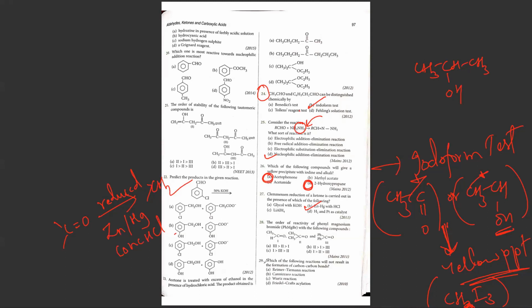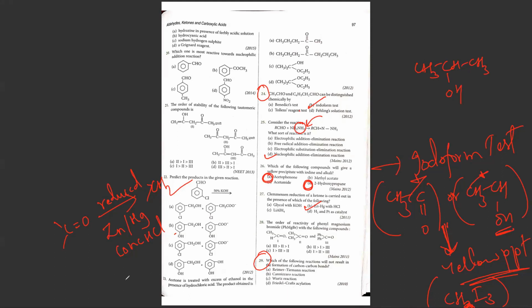Next one, the 29th, you check. Which of the following reactions will not result in the formation of carbon-carbon bonds? A. Reimer-Tiemann reaction, B. Cannizzaro reaction, C. Wurtz reaction, and D. Friedel-Crafts acylation.